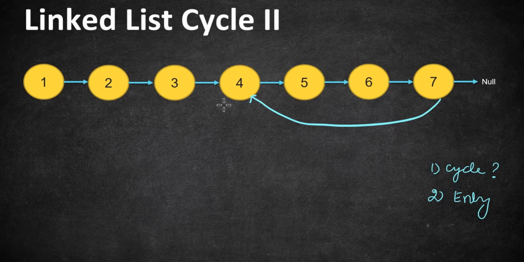First, let's consider the distance from the head of the linked list to the starting point of the cycle to be x1, and the length from the starting point of the cycle to where S and F met to be x2.